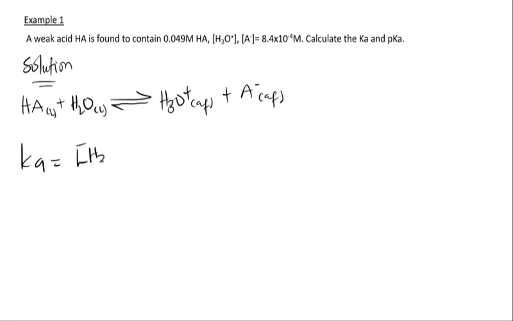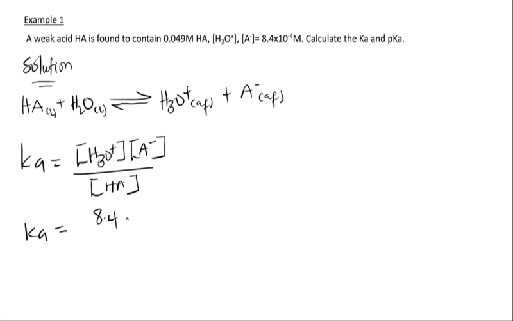The product of the hydronium ion concentration in solution, which is H3O+, and A-, all divided by the concentration of HA. So our Ka is equal to, the hydronium ion is equal to the A- in solution. So we have 8.4 times 10 raised to the power minus 4, all squared because they are 2, so we square them, divided by HA, which is 0.049 molar.